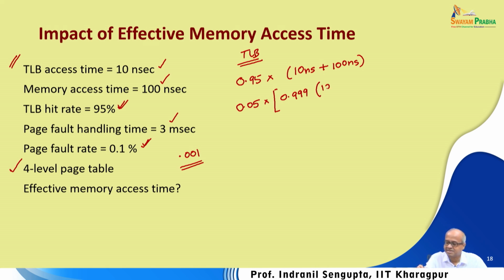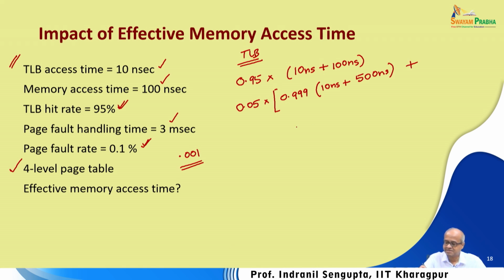First, you have already accessed the TLB for 10 nanoseconds, plus I said you have to access 4 levels of page table and then finally memory. So, 5 memory accesses. So, you will need 500 nanoseconds. Okay.